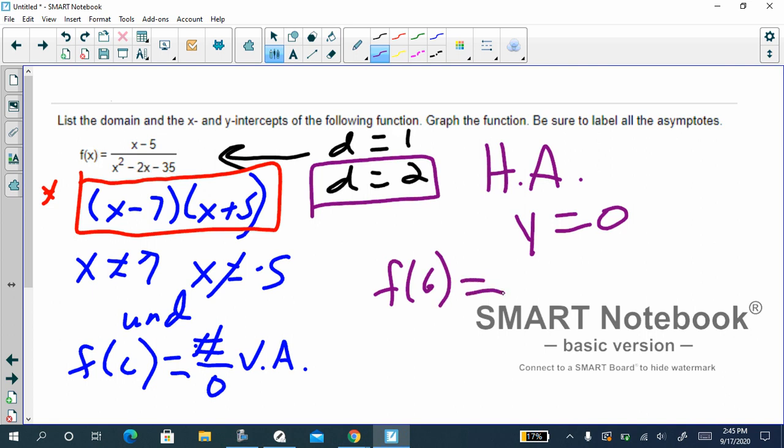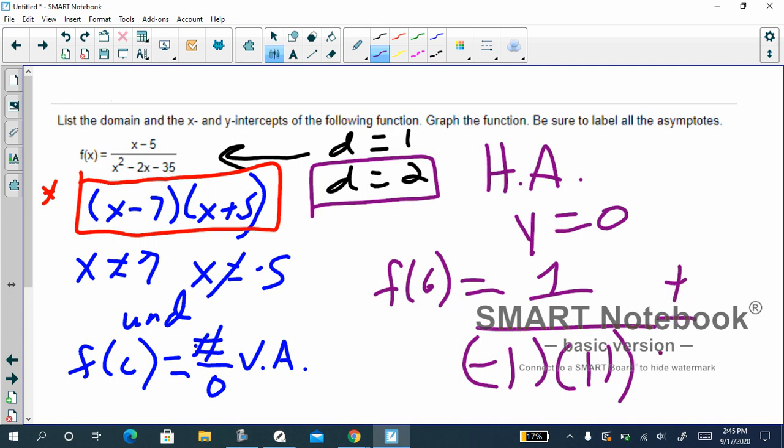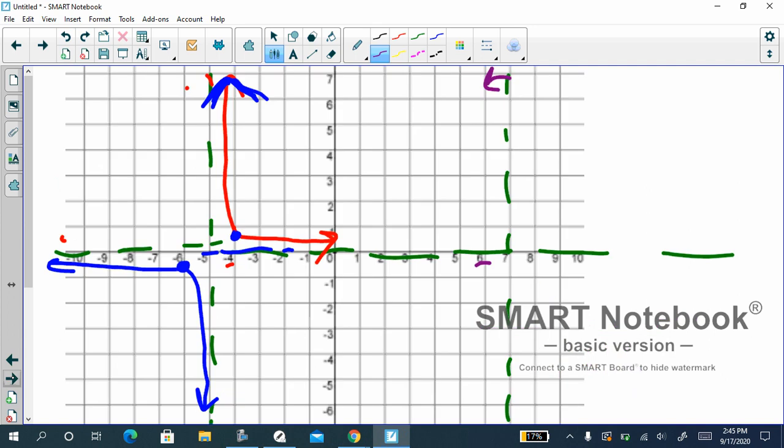If we put in a +6, we get a +1 on top, 6 minus 7, so a -1 on bottom, times 11, so positive over negative, so that's -1 over 11. So at 6, we're at -1 over 11, so here, which makes us think that we're probably going to do this. Probably going to be doing that.